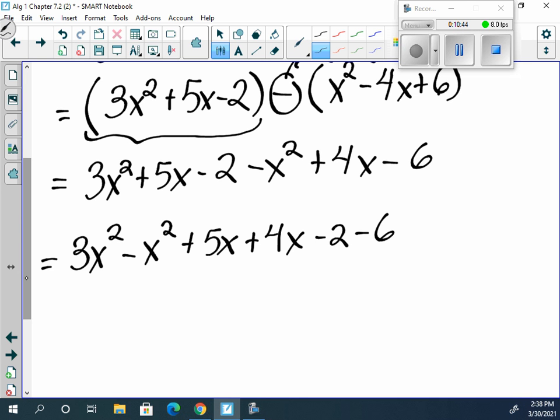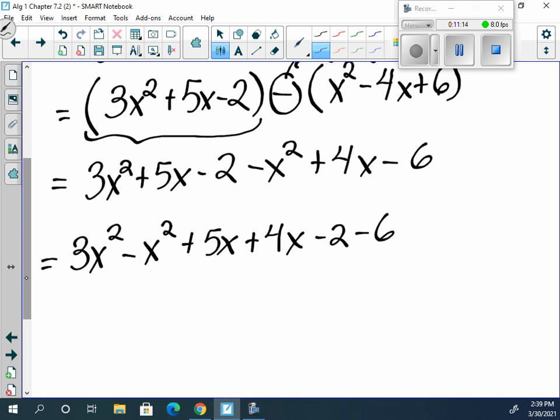Hey, wait, why is it plus 4x if it had a minus sign on it? Because since we're subtracting, really what we're saying here is that we are subtracting negative 4x. When we subtract a negative, it's the same as it becoming positive, because the negative and negative make a positive. And that negative gets applied to everything inside this set of parentheses here.